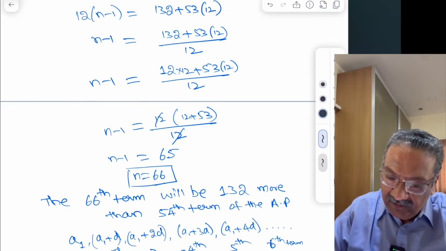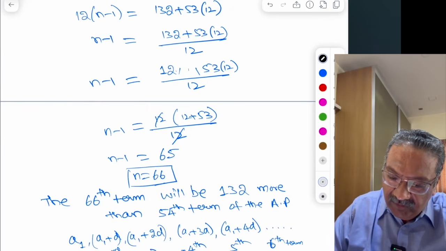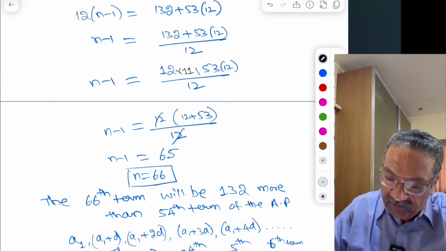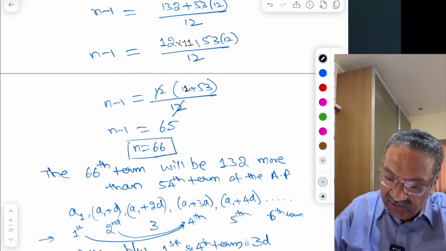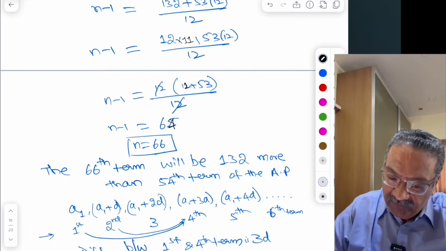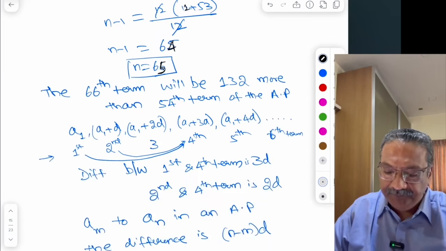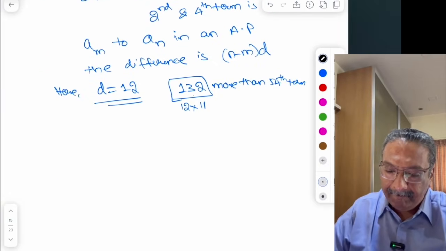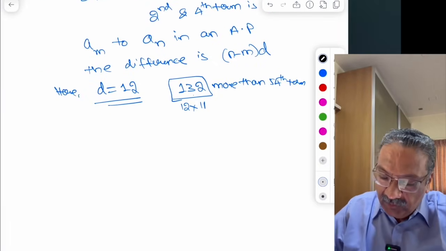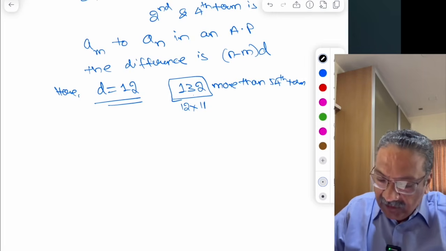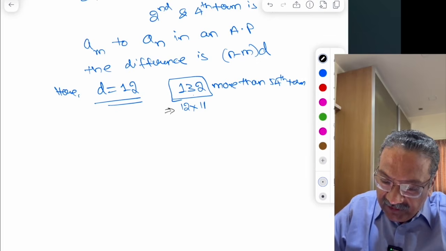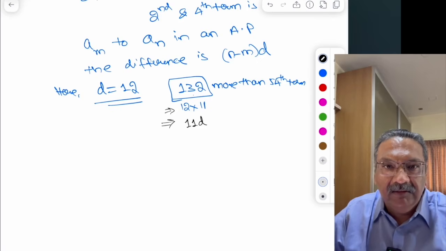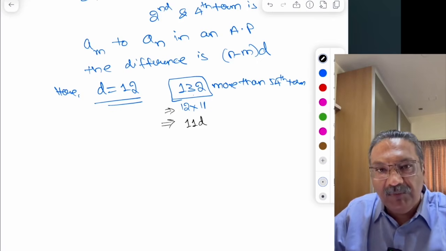This will be 12 into 11. So 12 into 11 is 132, correct? So I can say that 132 is nothing but 11 times D.